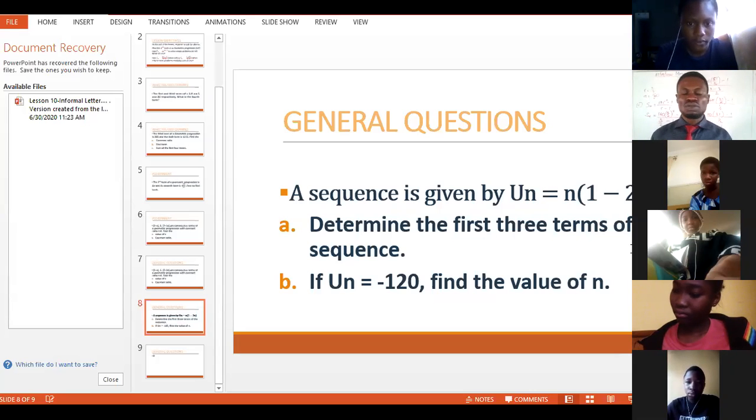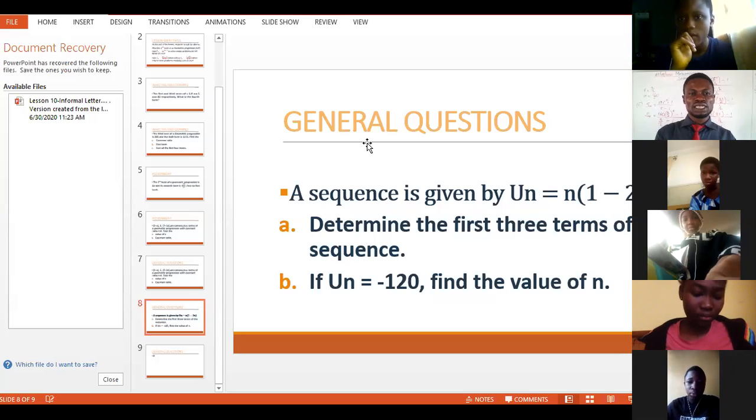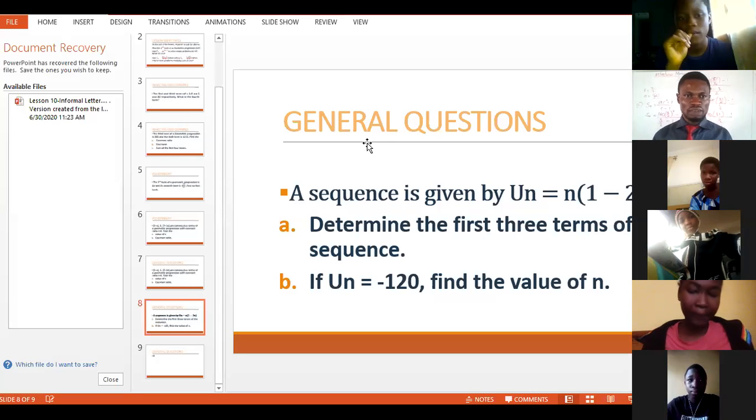Now, what this simply means is that, apart from the fact that there are basic formulas for use, especially in AP and GP, for example, in AP, you have the formula for nth term given as Tn is equal to a plus n minus 1 times d.